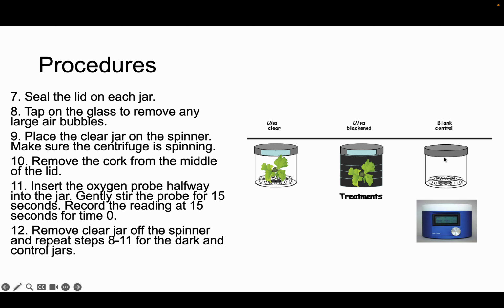Again, take out the cork on the lid, put the probe in to measure dissolved oxygen. Now, the probe is connected to the LabQuest machine, and that is how you get the reading. The reading is going to appear on the LabQuest machine.